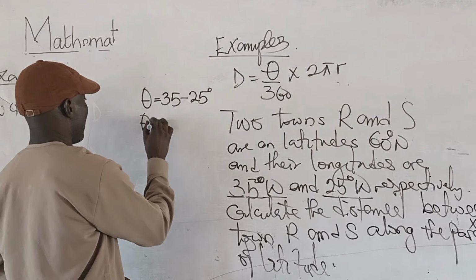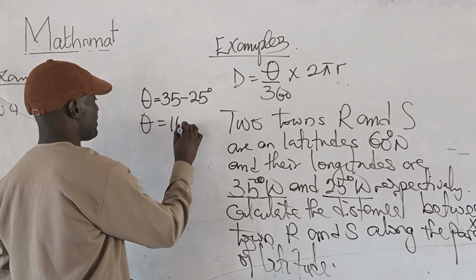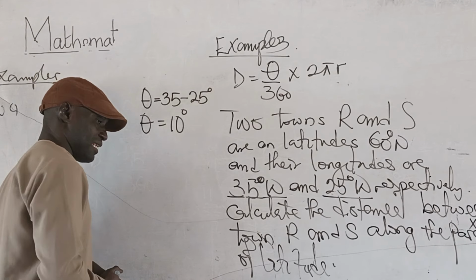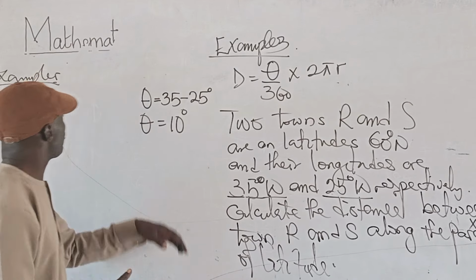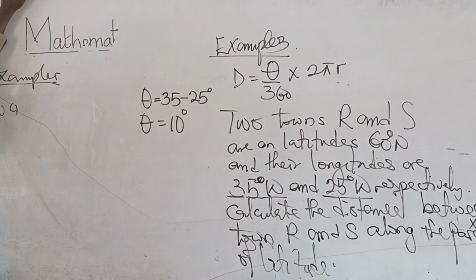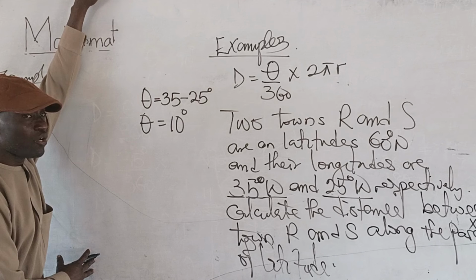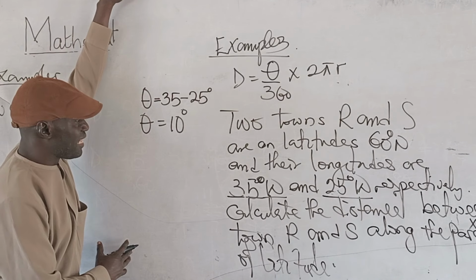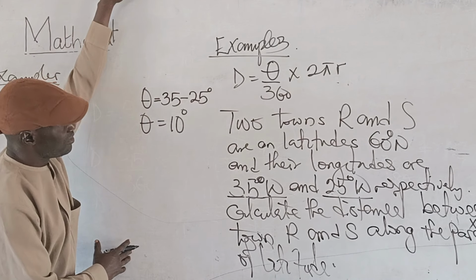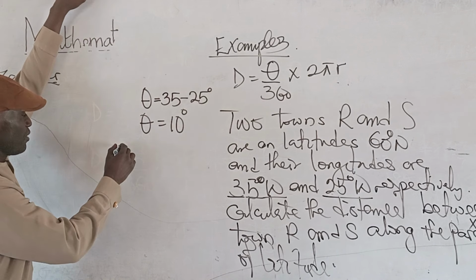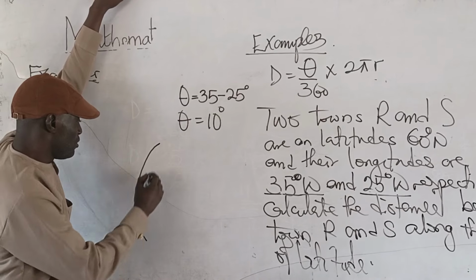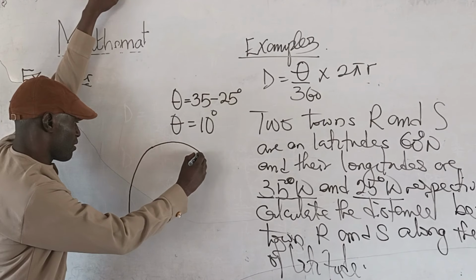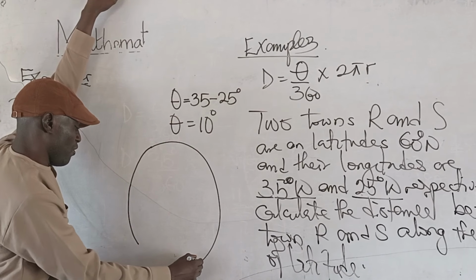So our angular aspect will now be 10 degree. And also we have to sketch out the diagram. How will you sketch out the diagram? You need the sketching of the diagram.